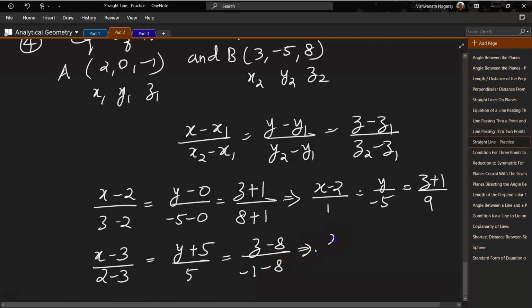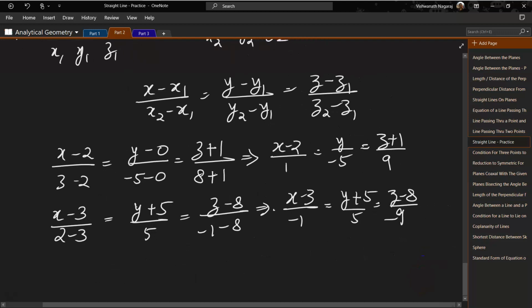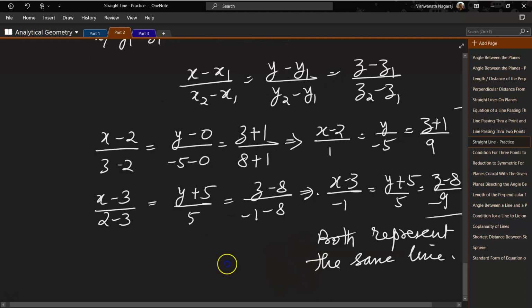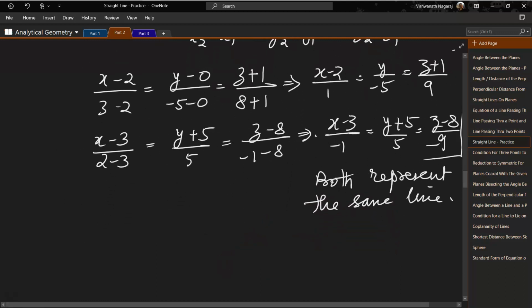When we simplify this, we get x minus 3 by minus 1 is equal to y plus 5 by 5 equal to z minus 8 by minus 9. If you graph it, you can use GeoGebra and just type this and you will find that they both represent the same line. Okay, so that is figuring out straight lines. That's it. Bye.